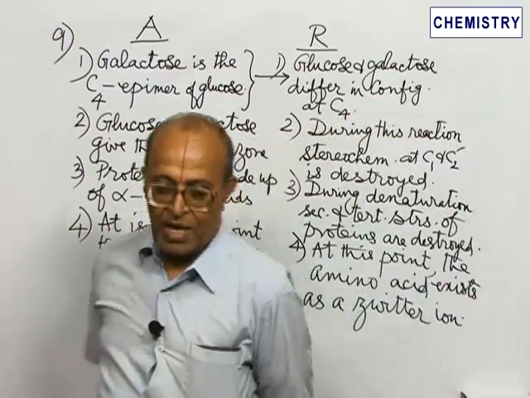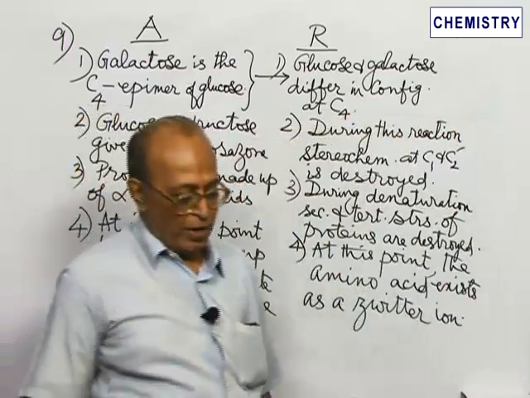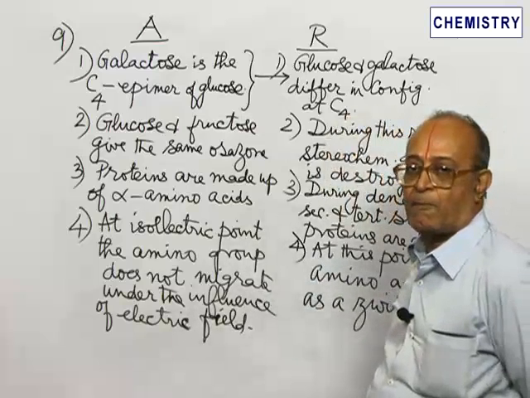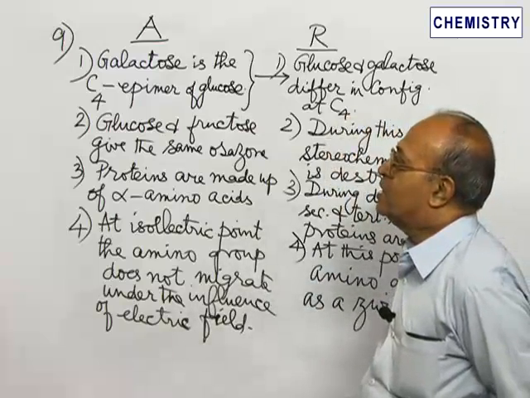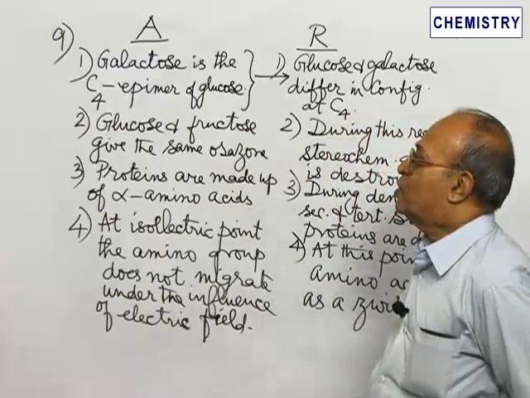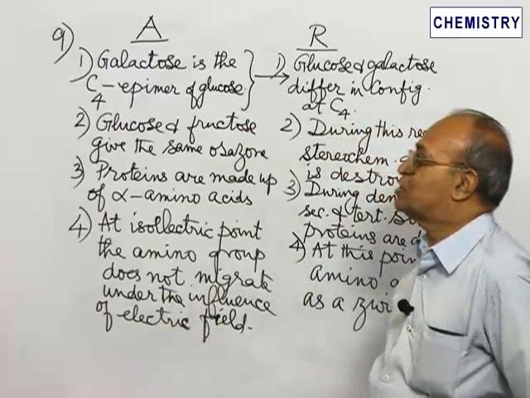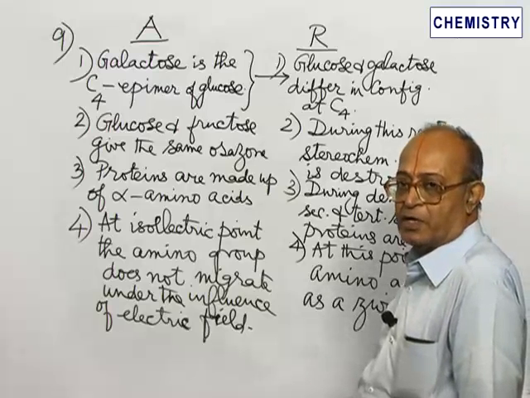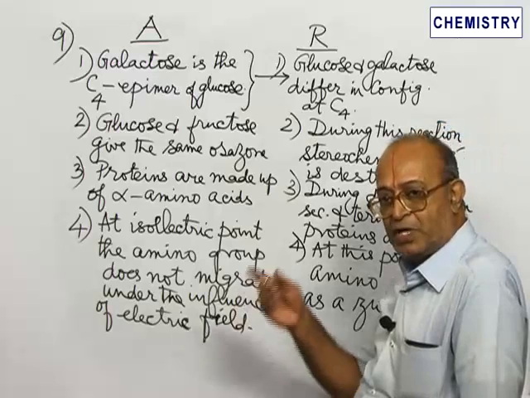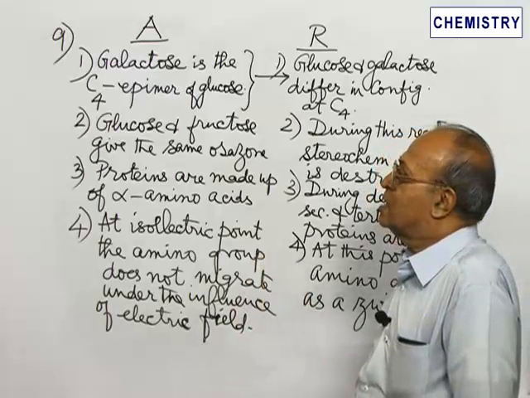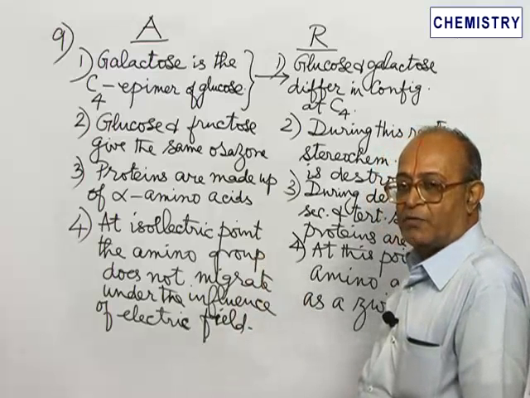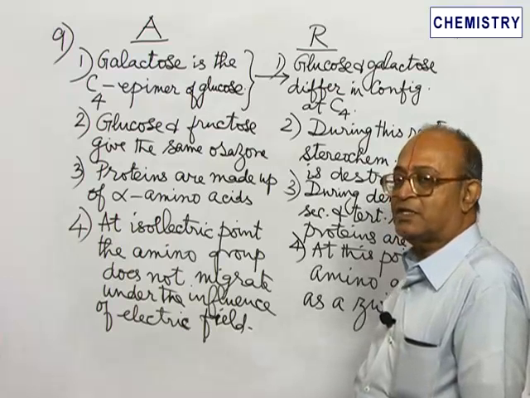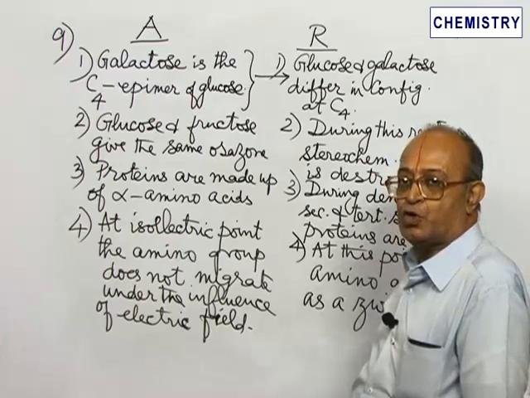Galactose is another aldohexose like glucose. Now the statement is galactose and glucose are related in the form of epimers. We have seen already one case, glucose and mannose, in which the configuration is different at carbon number 2.